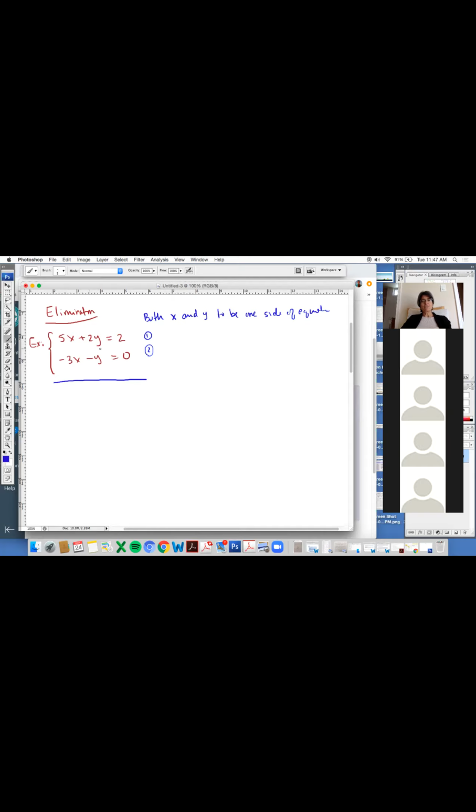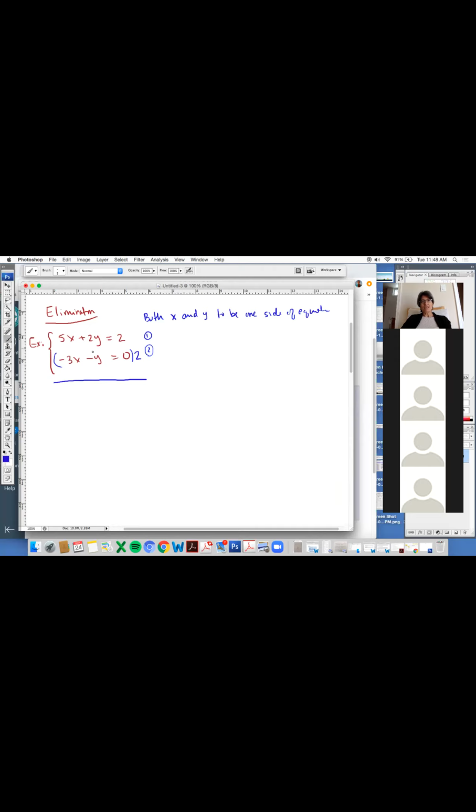So before you add them, you want to multiply one or both equations by something that will make one of the variables cancel out. If I look at my y's, this has 2y and this has negative y. I want to multiply this by 2, because then it turns into negative 2y.